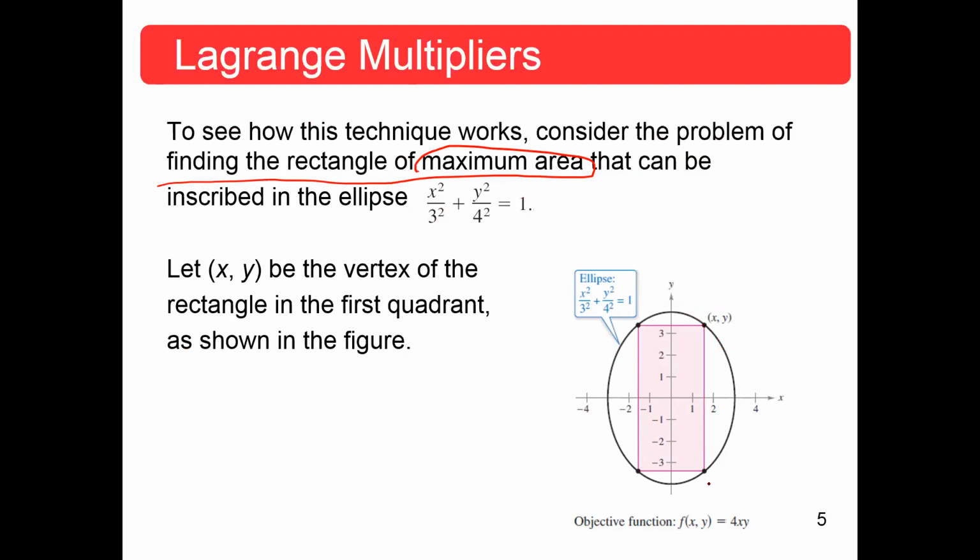You see, this is an ellipse, as given over here. And you have rectangles that can be inscribed inside of this ellipse. We want to find the rectangle with the maximized area. The point x y can be moved, and you want to find the point that will give you the maximized area.